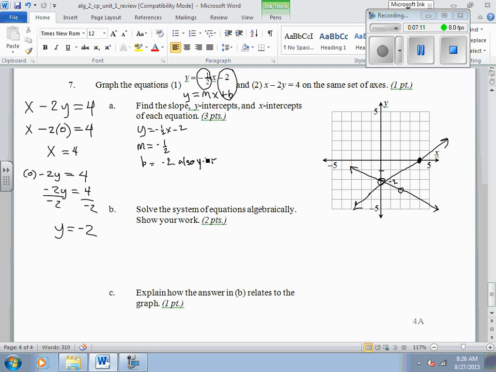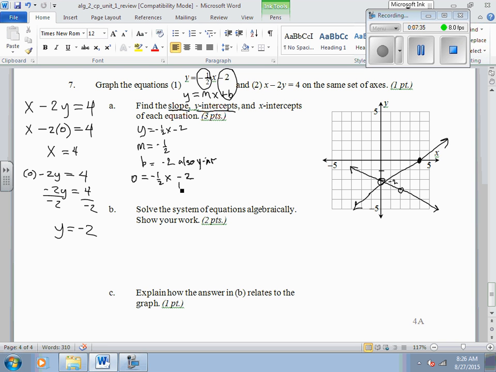So when you get the y-intercept in slope-intercept form, you've already gotten it. You got the slope. Now to get the x-intercept, I got to let y equal 0, and then I'm going to solve that for x.